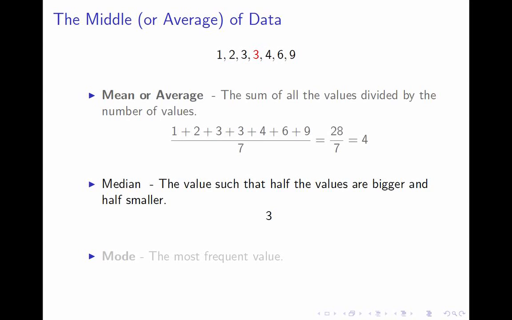The third measure of middle we will pretty much see once and never see again. That's the mode. The mode is the most frequent value, the data value that occurs more often than any other. In this case, the mode is also 3 because it occurs twice. All the other numbers occur once. The reason the mode isn't very useful is, remember, what we're mostly interested in is using a sample to infer things about the population.